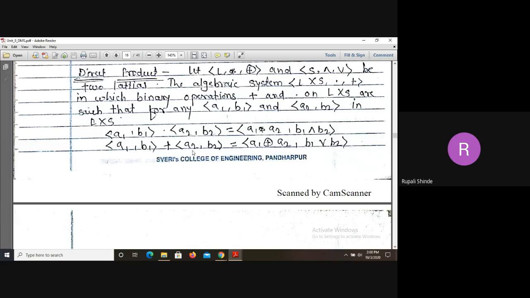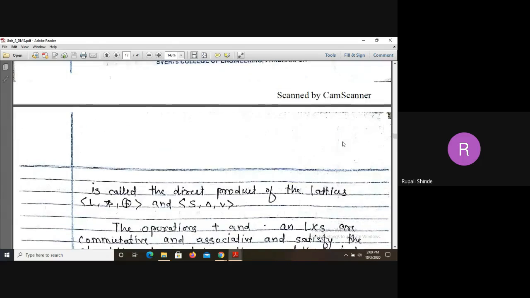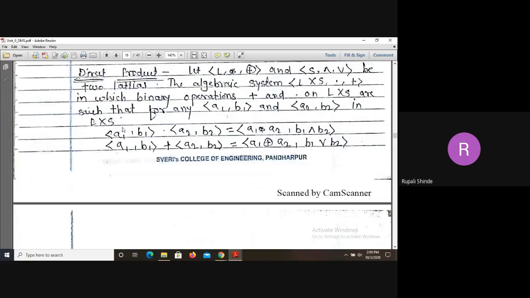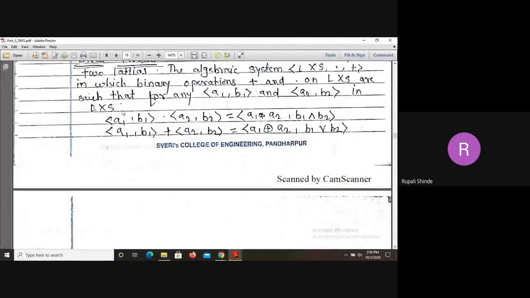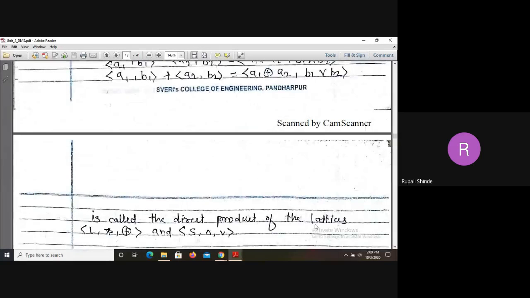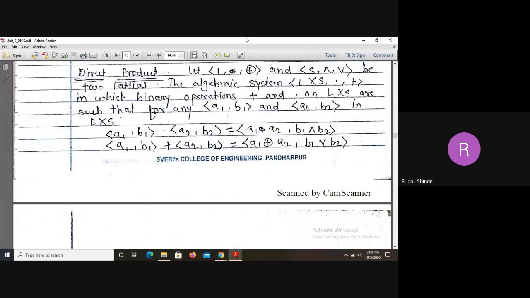Now if you check for second set, b1 b2 these are the elements of set S, and in this set S there is OR operation which is similar to plus operation. That's why we have written here b1 OR b2. So this L cross S is called as direct product of these two lattices.